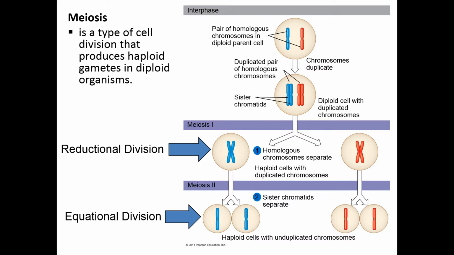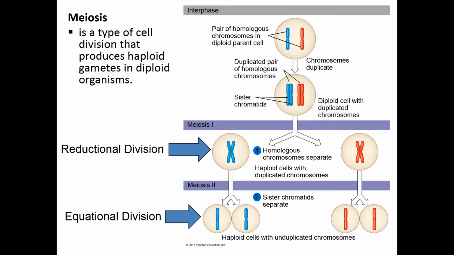So the process of meiosis is involved in producing gametic cells that are haploid from diploid organisms.